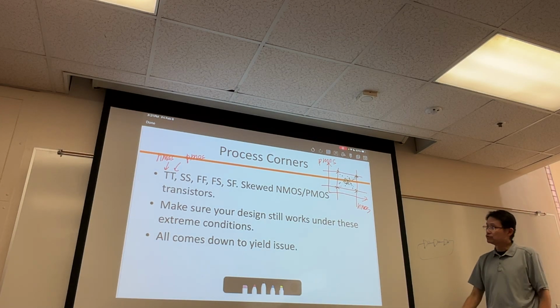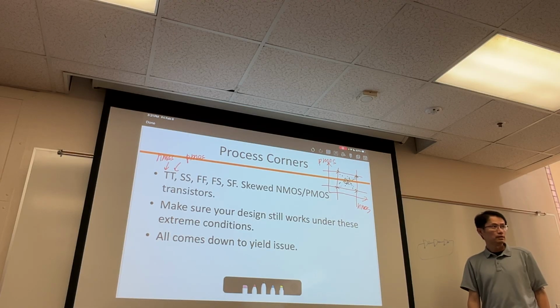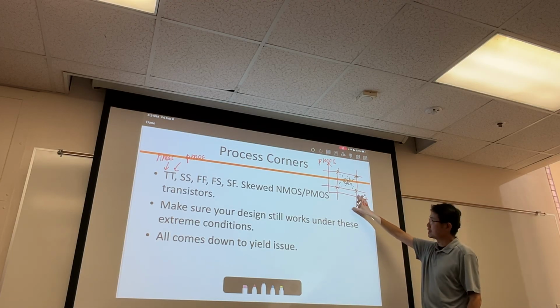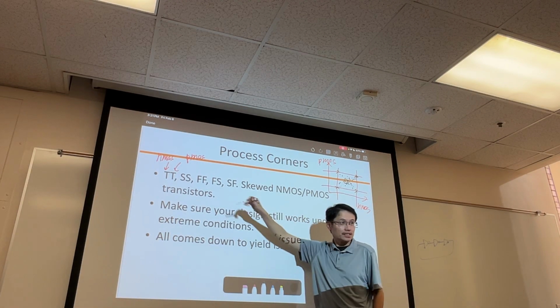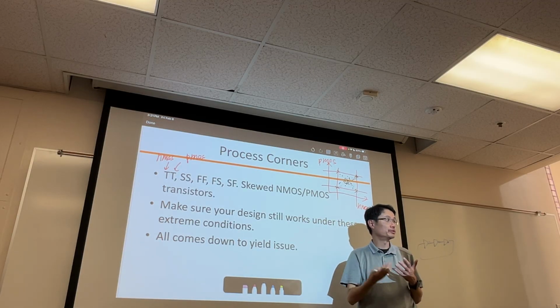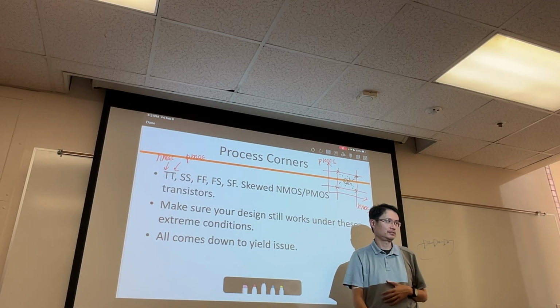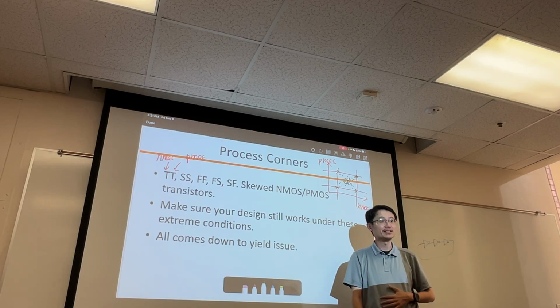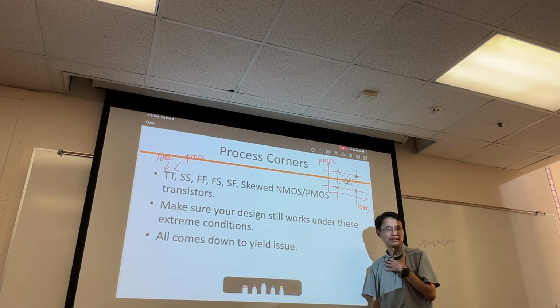Okay, so in the future, you may see even more extreme cases. Sometimes people will say FFSS, like a double or triple F, triple S. You might see that kind of extreme case. Guess what they're doing?